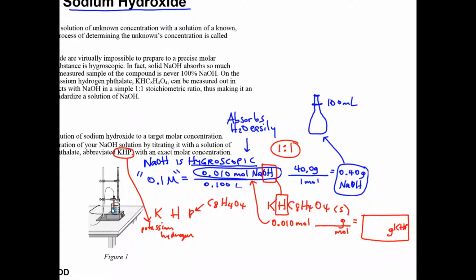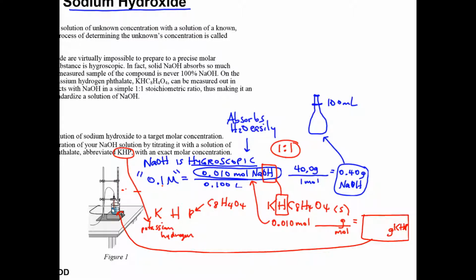KHP. And then once you find your KHP, you're going to put it into your beaker, dilute it with some water, and it's going to dissolve. You know it's going to dissolve because we've got a group 1 element right here, so the rest of it is going to dissolve. And once you dissolve it, you're going to put the NaOH that you made into the burette, and you're going to titrate.